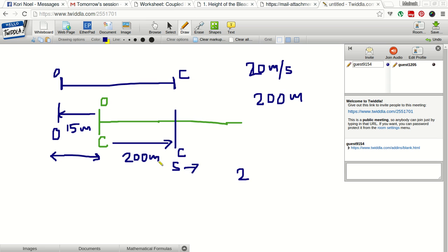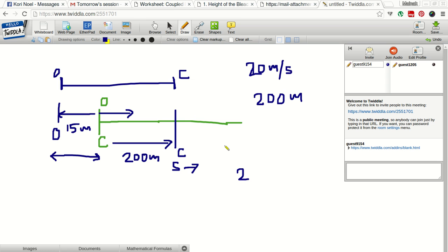So whatever their individual distances, they just add up. That's the idea. Now just try to imagine a different scenario where the person walks in the same direction as the car. Then what would happen? What would be the relative distance?